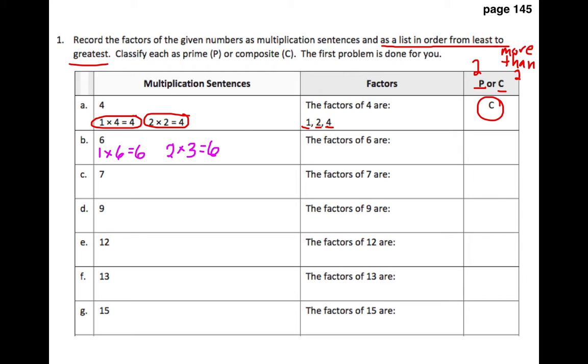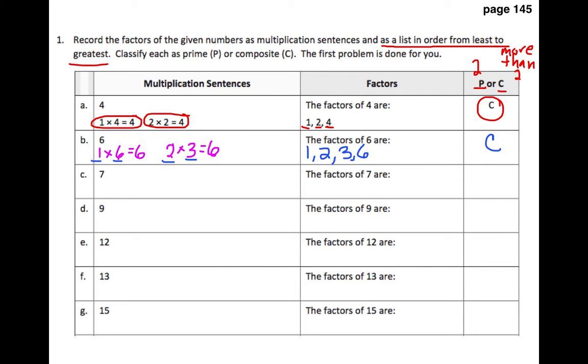Remember, we want to list them from least to greatest. 1, 2, 3, and 6. Since there are 4 factors here, is 6 a prime number or a composite number? It's composite because there are more than 2 factors.